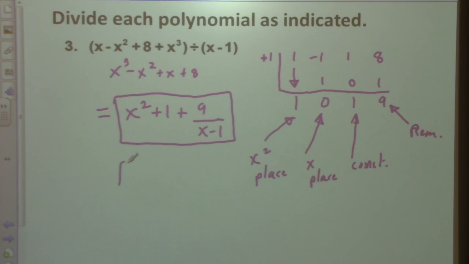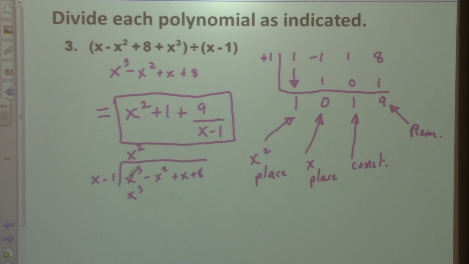If we take, I'm going to write this out as x cubed minus x squared plus x plus 8. And we put x minus 1. And we divide out, we're going to get x squared, right? And x squared times x is x cubed.